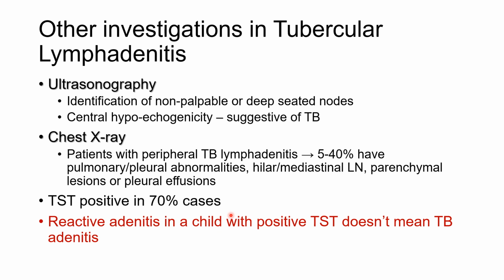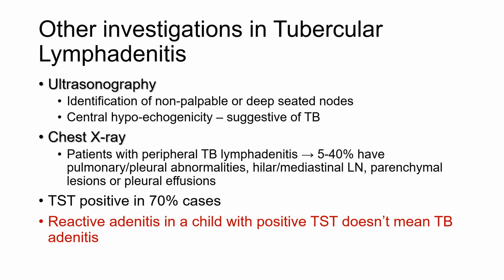So one important thing to remember is that reactive adenitis in a child with positive TST doesn't mean TB adenitis. Suppose a 9-month-old child has come to you with cervical lymphadenopathy, and for some reason you decide to perform a tuberculin skin test and it comes positive. A reactive adenitis in a child with positive TST doesn't mean TB adenitis. That I want to focus on, because a reactive adenitis can be seen due to anything.